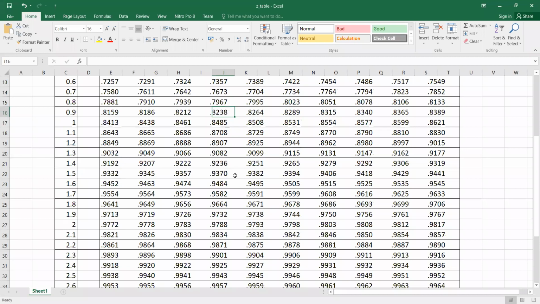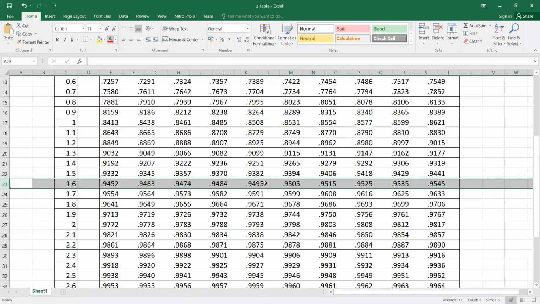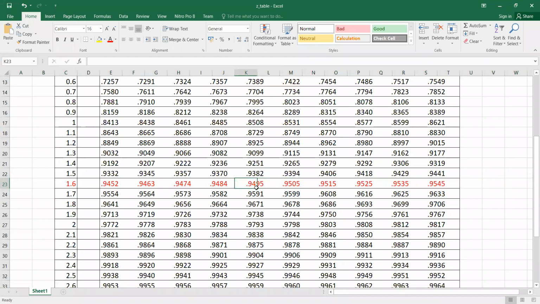The number that is close to 0.95 is 0.9495, because if you round off that value, you'll get 0.95. I'll highlight that. This is the closest value.